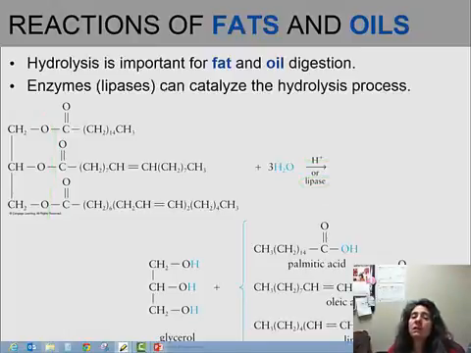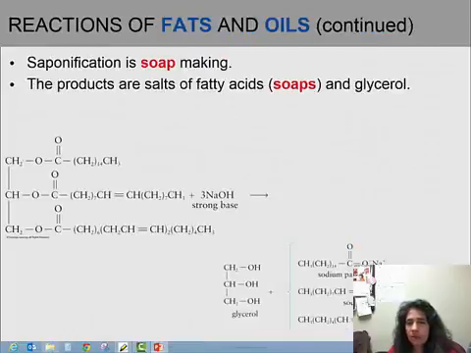If it's in base, NaOH, KOH, then that sodium or potassium ion makes the salt form, and if it's in acid, we'll get directly the carboxylic acid. So here's our base version that we've already seen, where the Na plus is going to hook to the oxygen instead of a hydrogen, so we get that sodium salt.